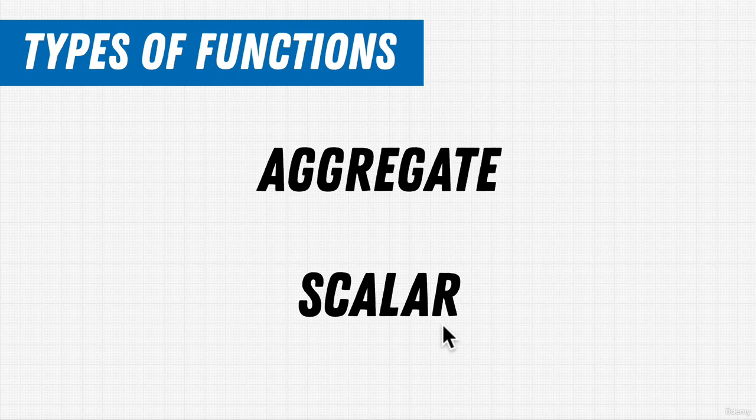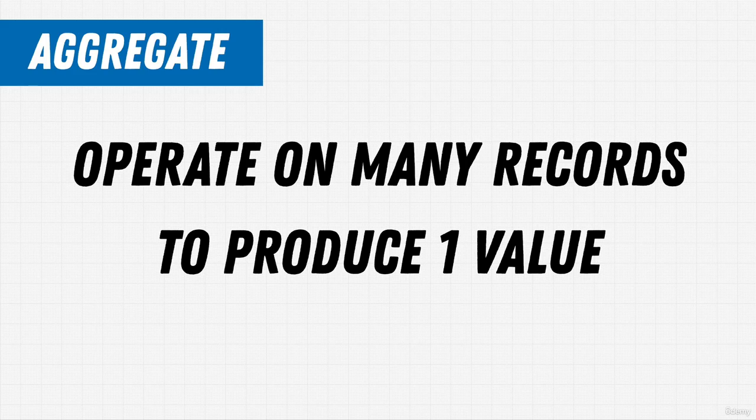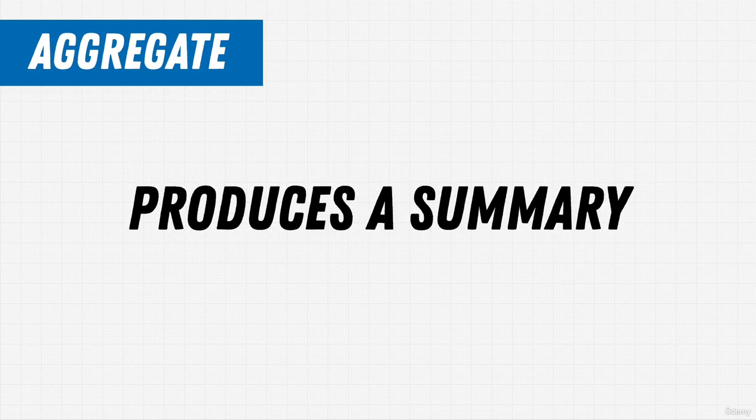So if we were to summarize that in a definition, aggregate functions operate on many records to produce one value. Again, we're taking all of the values in the table and we're producing one value, just like that salary example. What we can say then is that it produces a summary. It produces an output.